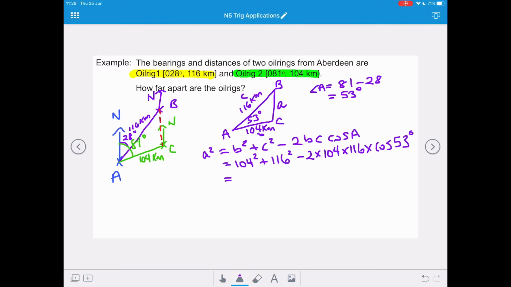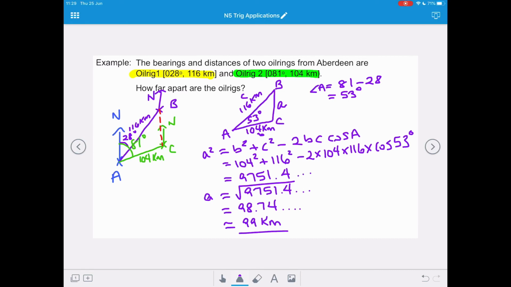If we put that in our calculator, we end up with a value of a squared of 9,751.4 and so on. We're going to use our answer button on our calculator in order to square root that 9,751.4, and we're going to then end up with a distance of 98.74 and so on. We're going to round that to the nearest kilometre, giving us the distance between oil rig 1 and 2 of 99 kilometres.